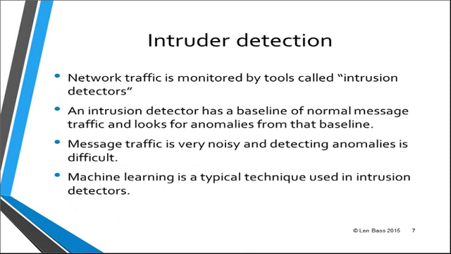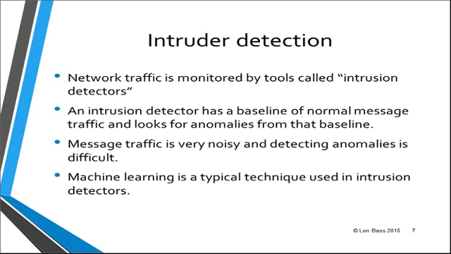One of the things that happens at the operations level is that you look for intruders, and you don't physically look for intruders, but there's a suite of software called intrusion detectors that look for unauthorized users.